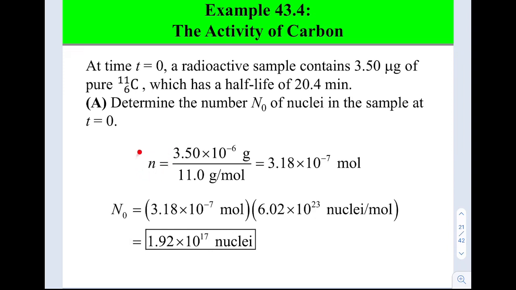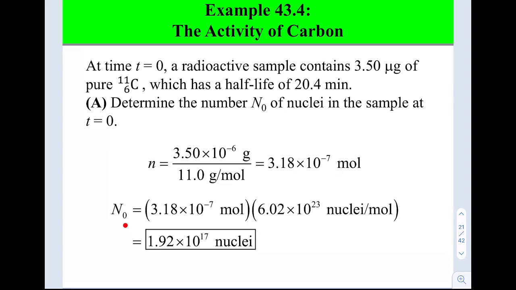First thing first, we need to know how many nuclei, N. From this information, we need to figure out the number of moles. Carbon-11 has a molar mass of 11 gram per mole, so the number of moles is 3.18 times 10 to the power of negative 7 mole.